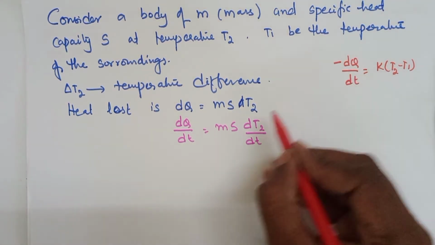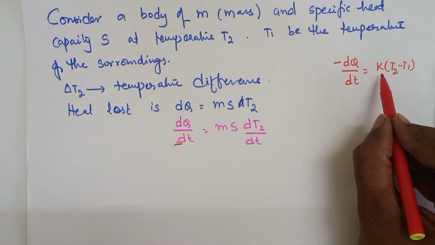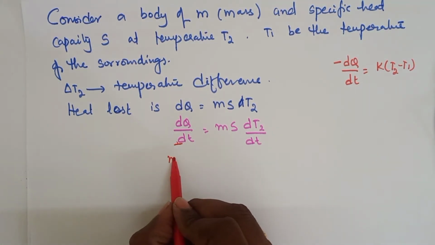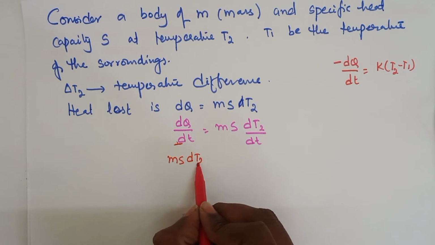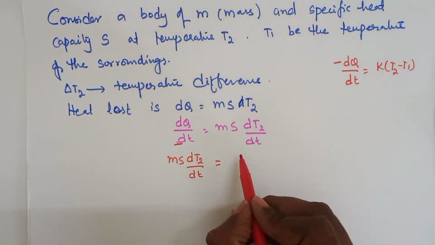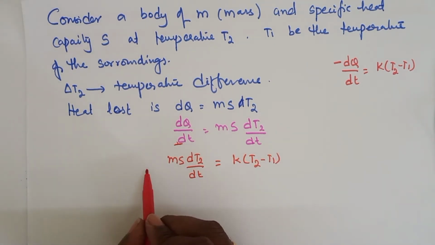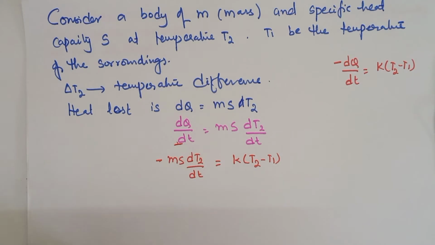Now you substitute here instead of this one. We will write it as ms dT2 by dt is equal to k into T2 minus T1, but I am putting it as negative here because negative is there, right?